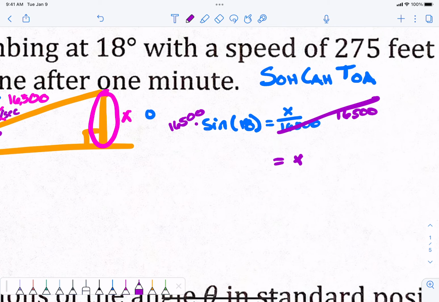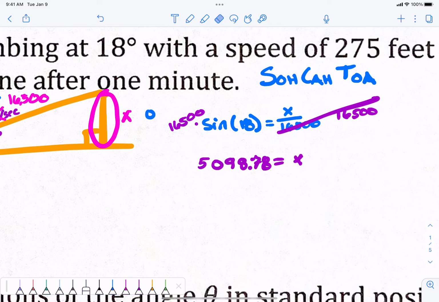Degrees, because 18 is a degree. Yes, exactly. 5,099. Go decimal. 5,098.78.